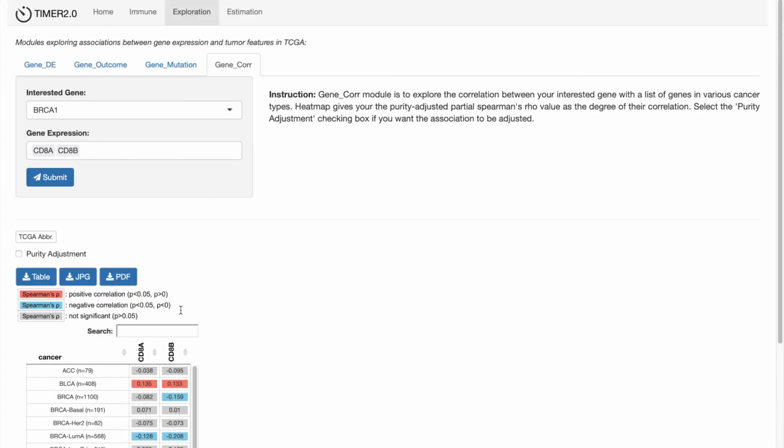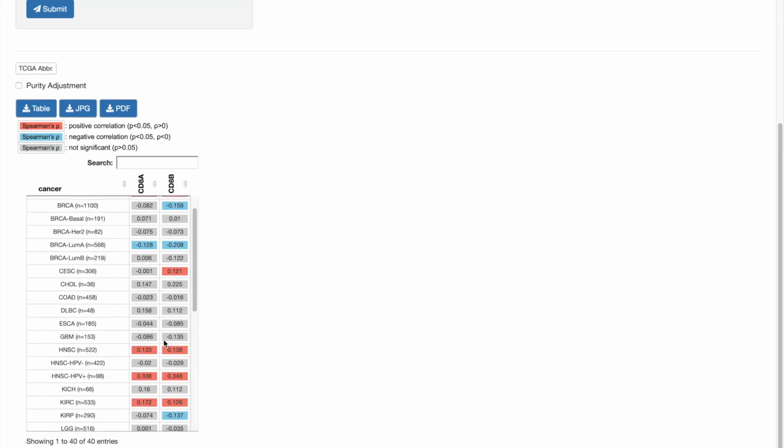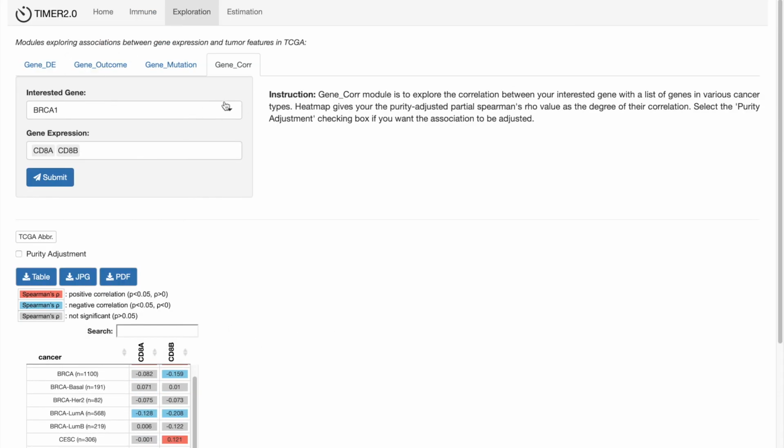You can see the BRCA1 gene expression is positively associated with marker gene expression of CD8 T cells in several cancer types. And these are the features TIMER2 has to explore the non-immune related association in TCGA cohorts.